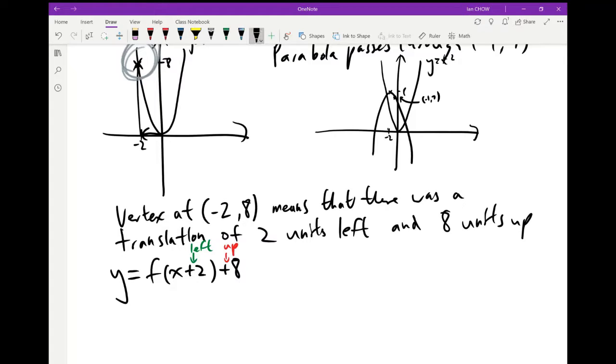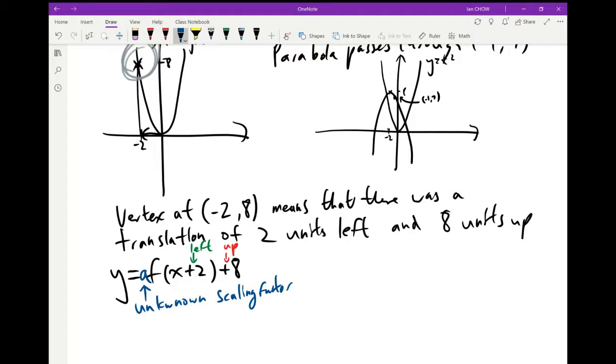So we have temporarily found our new function, but that doesn't tell us whether it is stretched, whether it's upwards or downwards. So I still have to put an a in front of my function, and that's going to be my unknown scaling factor.